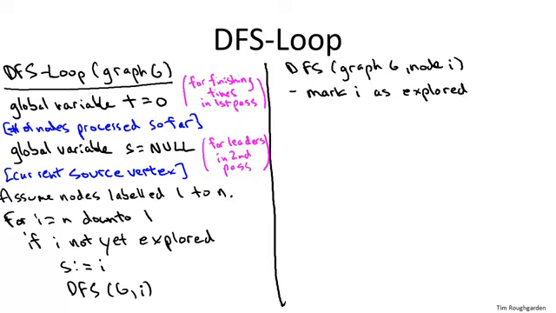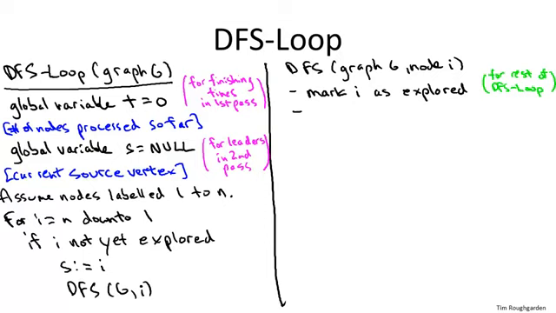Okay, so even if this DFS from a given node i finishes and then the outer for loop marches on and encounters i again, it's still going to be marked as explored. Now, one of our bookkeeping jobs is to keep track of from which vertex the DFS that discovered i got called. So when i is first encountered, we remember that s was the node from which this DFS originated. And that, by definition, is the leader of i.